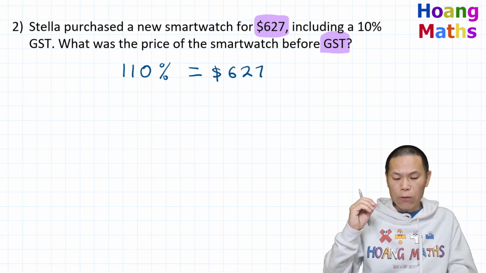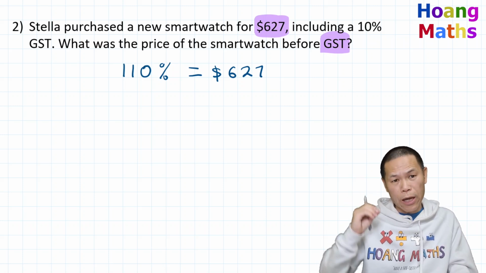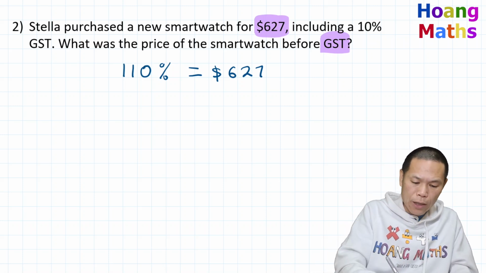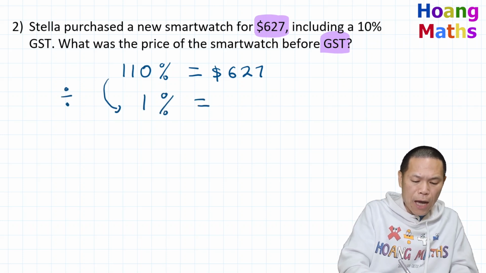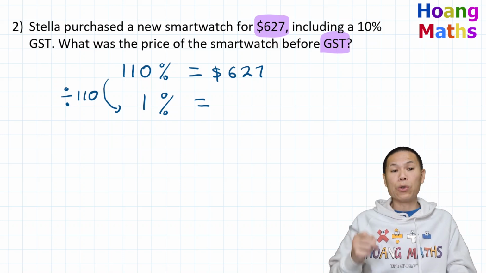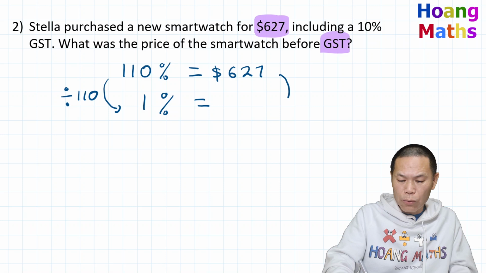So to work this out, I just scale from 110% back to 1%. So 1% is equal to, from here to here, I divide by 110, because we just need to work out 1% of this.